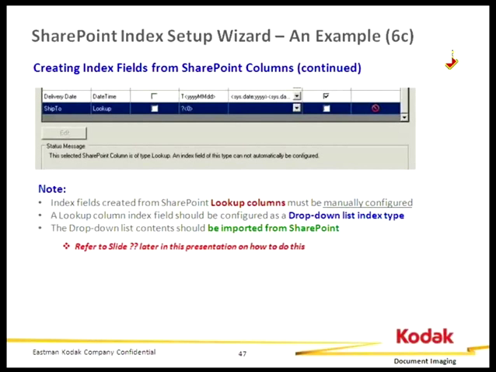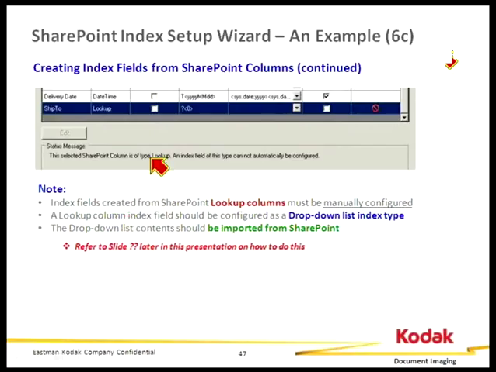If I have a lookup column in my SharePoint site that gets brought over to create an index field in Capture Pro, a lookup column is actually pointing somewhere else in the SharePoint site to a list. It's kind of like a linked list for those of you who know programming, or a daisy chain type operation.